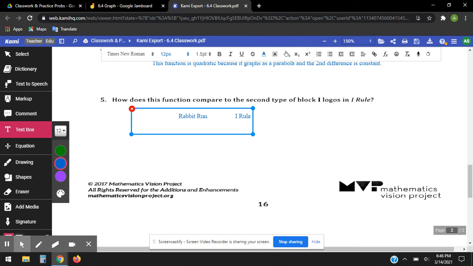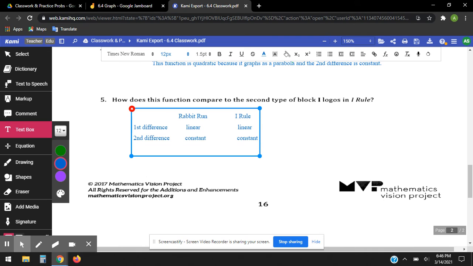Okay, well, first difference in this one was linear, and that was the same for I rule. What about the second difference? Well, it was constant, we just said. And I believe in I rule, it was also constant, right? Because it was quadratic, the big block ones anyway.